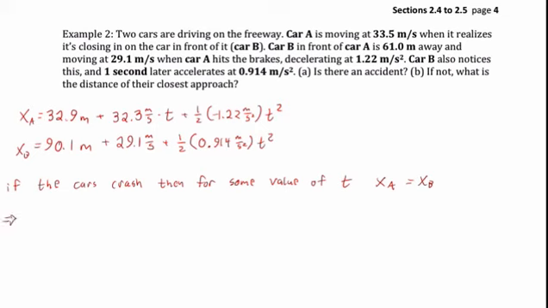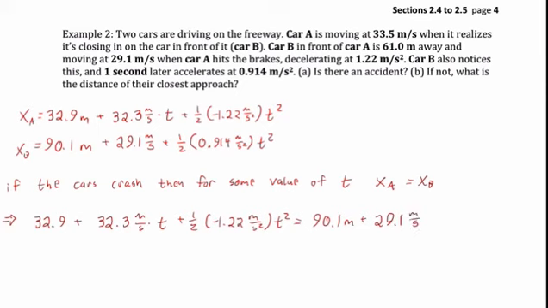Well, it looks like 32.9, and then I'll just write it out like this and then tell you if there's a solution or not. Plus 32.3 meters per second times t plus 1/2 times negative 1.22 meters per second squared t squared equals 90.1 meters plus 29.1 meters per second times t plus 1/2 times 0.914 meters per second squared times t squared.